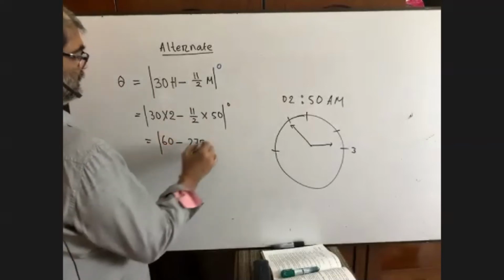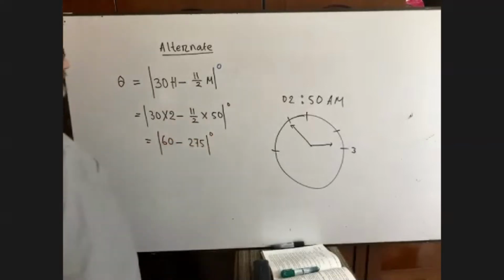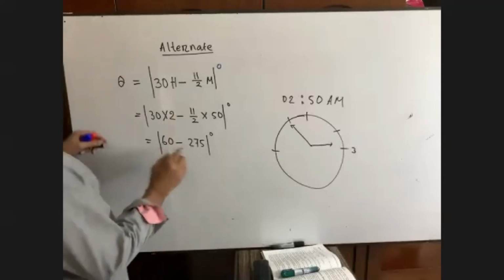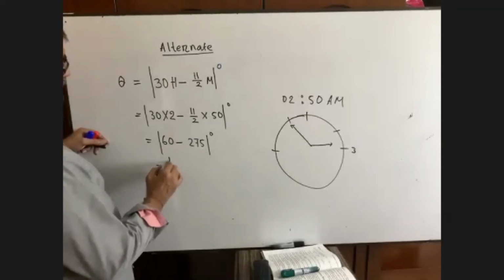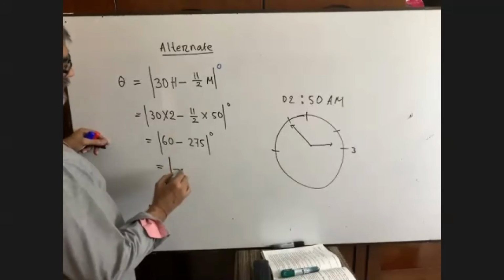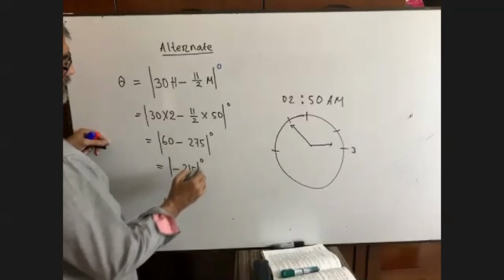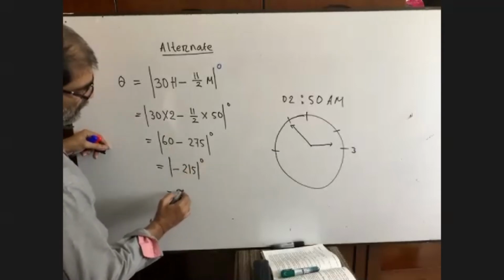Is it? Then equals what? Minus 215. Is it? Equals 215 degrees.